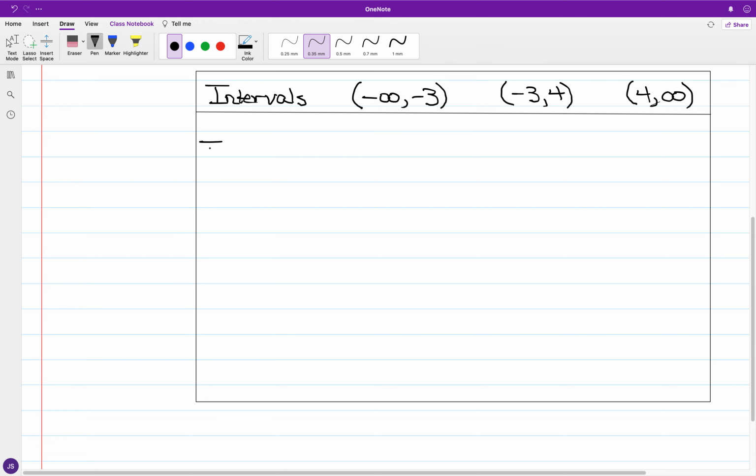Once again, we have the procedures to include selecting input values and then testing what we have for the value of the function at each input. So again, we have f of x is equal to -x squared plus x plus 12.